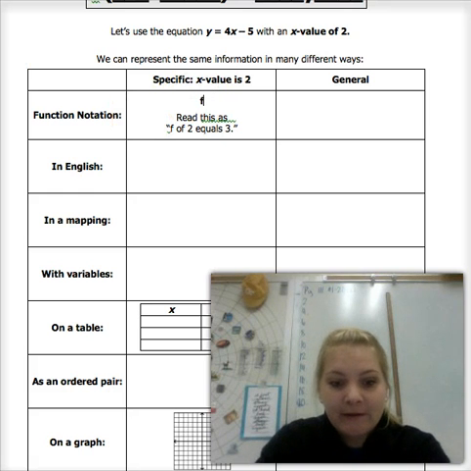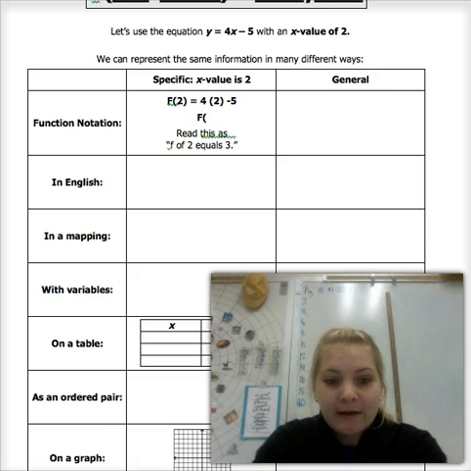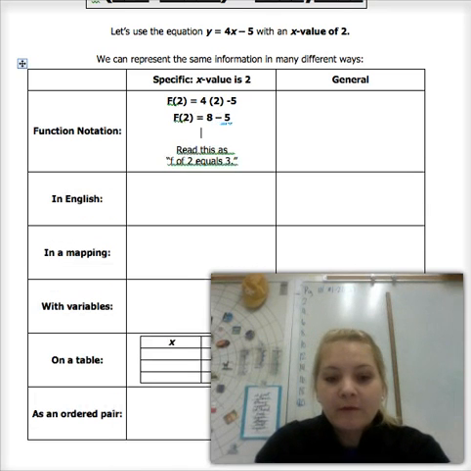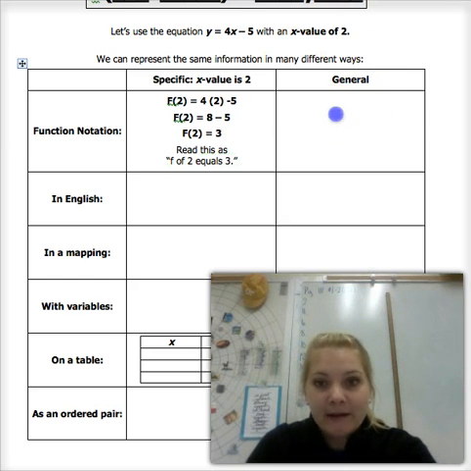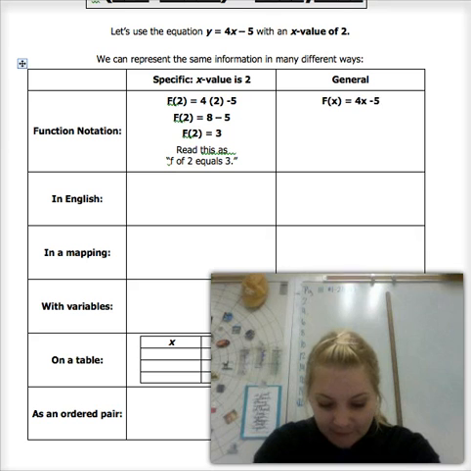And just the work behind that, so we have f of 2, and that equals 4 times 2, since we're substituting 2 in for x. And so we'll get f of 2 equals 8 minus 5. So f of 2 equals 3. So that's our equation, our formula for that. In general, that would look as f of x equals 4x minus 5.